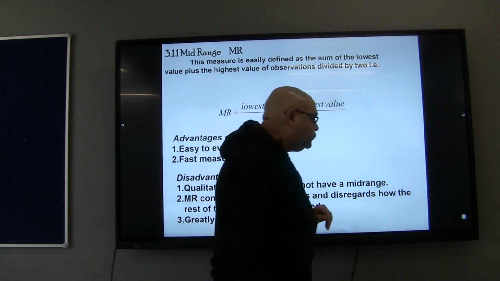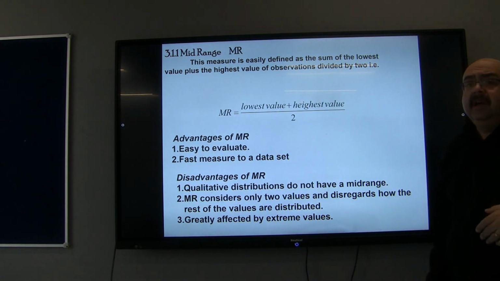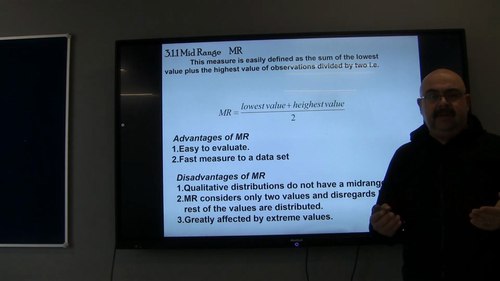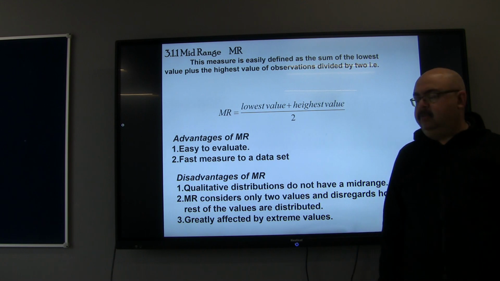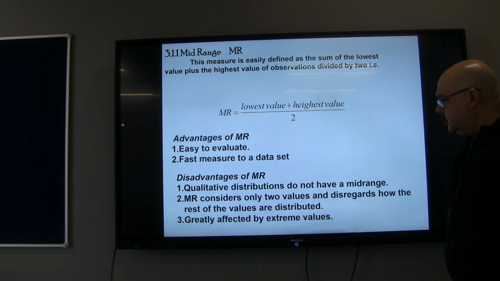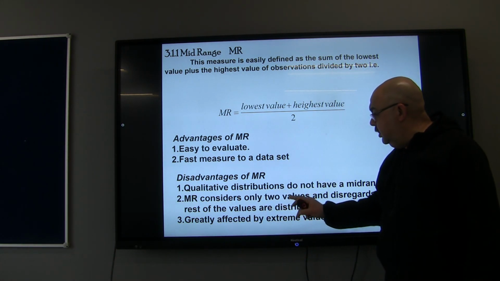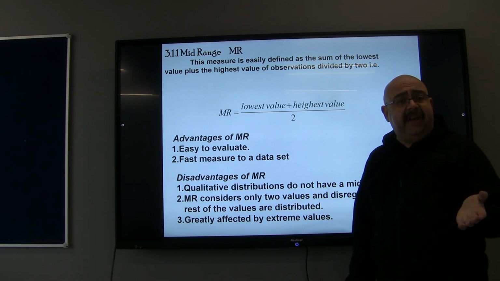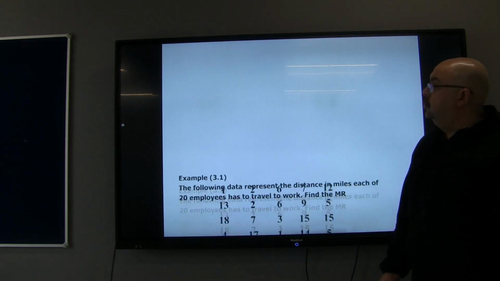If you have colors or qualitative data in general, which is non-quantitative data, it's not going to be possible to evaluate the mid-range. As I told you, it considers only two values, discarding how the rest of the values are distributed within your distribution.